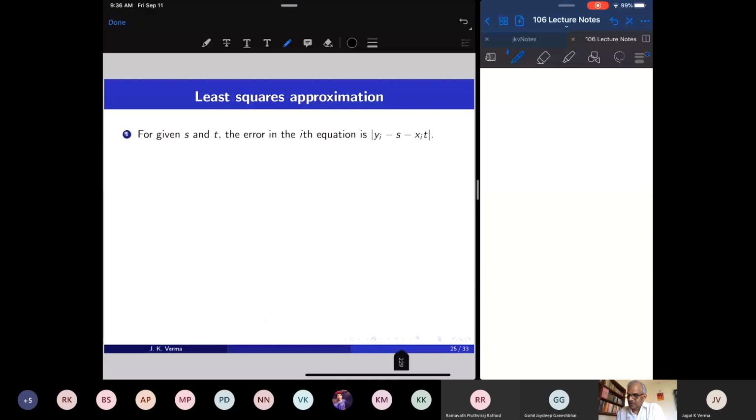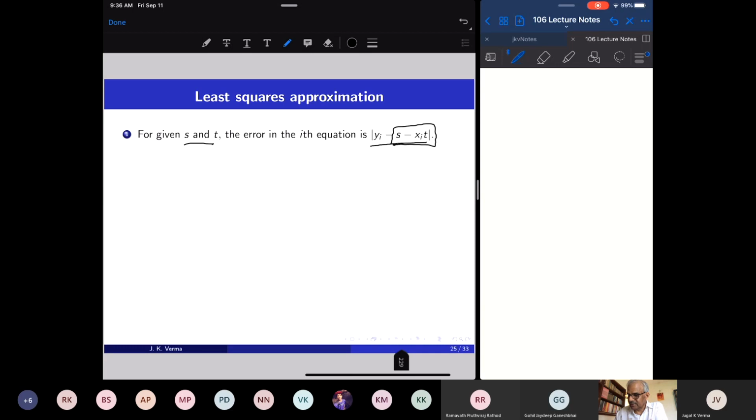Otherwise, we want to minimize the error between the experimental data and the data which is predicted by the straight line fit. Given s and t, the parameters of the straight line that we want to fit to the data, the error in the ith equation is the absolute value of yi minus s minus xi t.